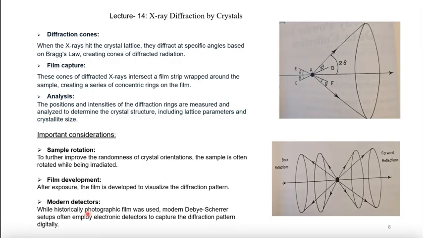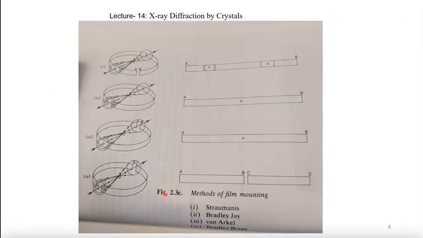So we go to the next slide, and you see here we are talking about how to mount the film in the camera. There are different methods to mount the film in the camera. If we remember, this is how the X-ray beam goes through the collimator, and the beam stop is here, and here is the sample, and then our film is like this.